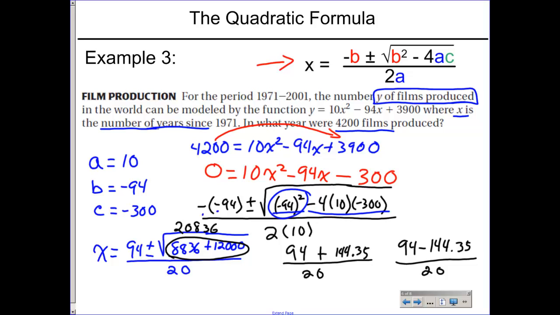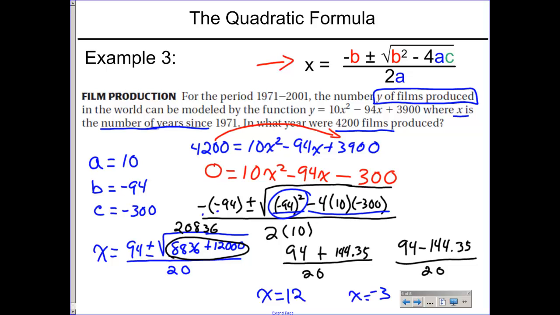So 94 plus 144.35 divided by 20. So I get the first answer is an x of approximately 11.91 years. So I'm going to call that about 12 years. And the other x, 94 minus 144.35 divided by 20 is about negative 3 years.